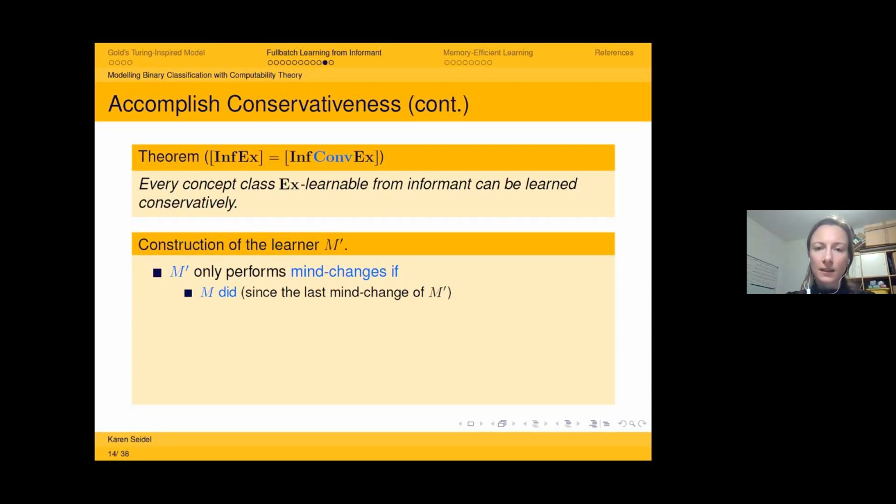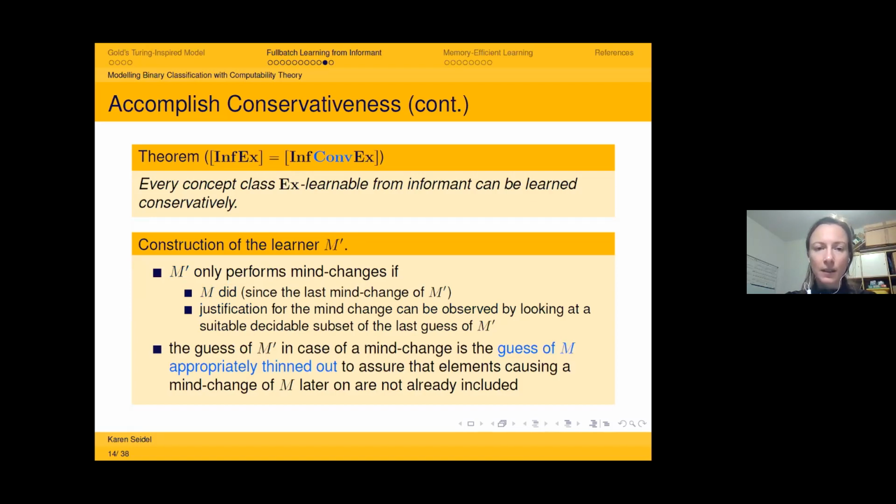And we do this by saying that this new learning algorithm only changes its mind if M did, so the old learner did, since the last mind change of M prime. And also we can see some justification for the mind change because we want it to be conservative. And as we cannot look arbitrarily much ahead, we restrict how far we look ahead by really very much thinning out the original guesses of M.